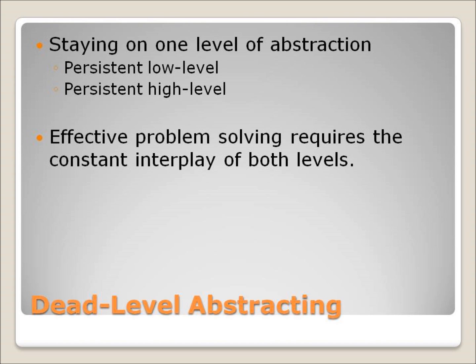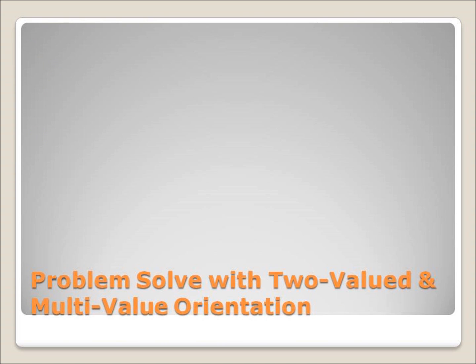For example, in the conflict over which printer to purchase, the colleagues will need to talk about higher abstract words like page volume, ink cartridge pricing, and lower abstract words like HP Model 2530. The final way to problem solve simple conflict is to use both two-valued and multi-valued orientation.